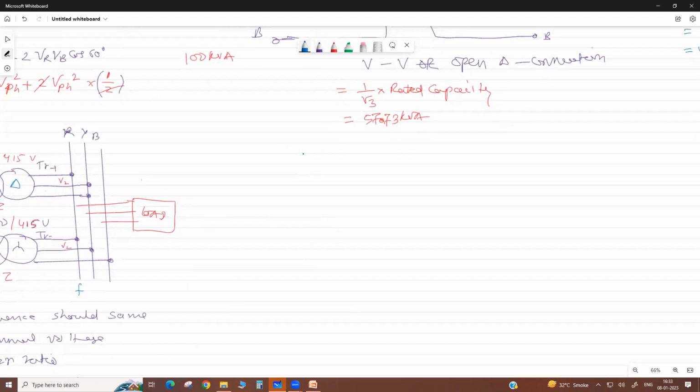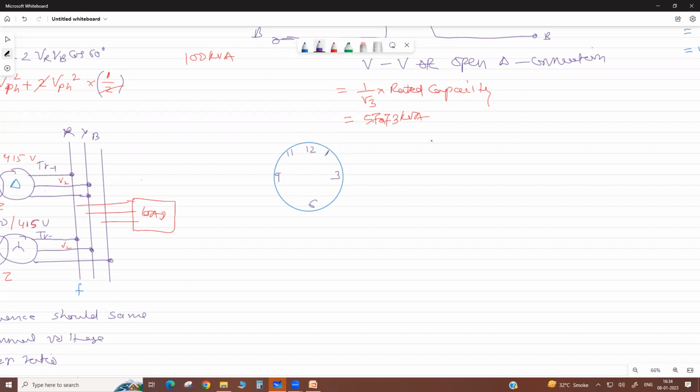This vector group we can represent by clock phase. On the nameplate of a transformer, the vector group is mentioned. Okay, so on a clock, suppose this is 12 o'clock, 3, 6, 9, this is 11, this is 1.